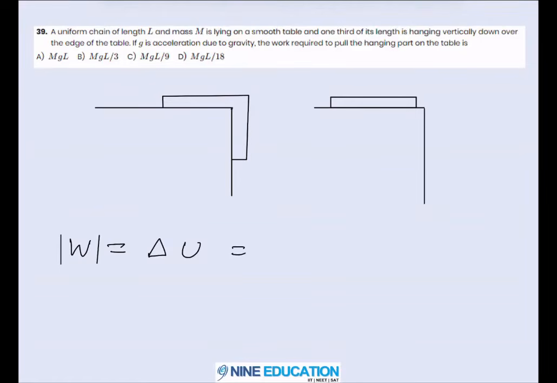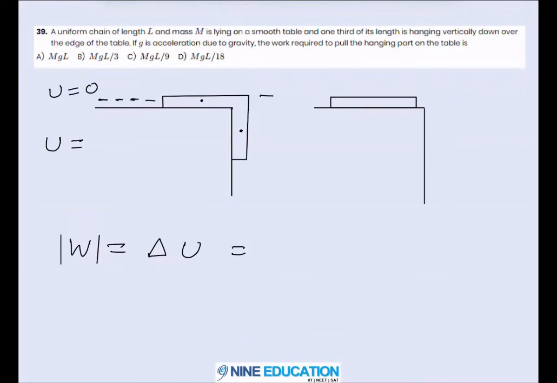Now let us calculate the value of the potential energies before and after. In the first case, the center of mass of the right side body, which is the hanging part of the chain, is over there, while the center of mass of this particular part will be over here. If I want to calculate the potential energy of this hanging part, then I will assume the ground, this particular level, as my base, which means the potential energy at that point is zero.